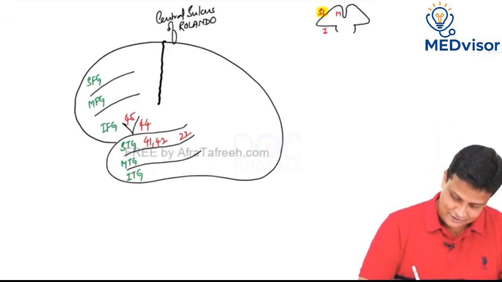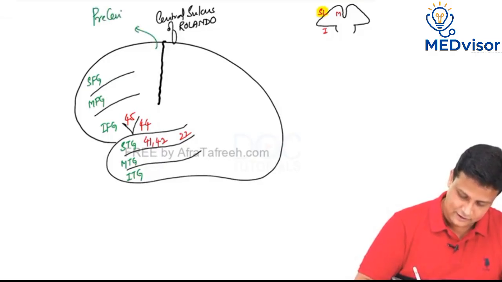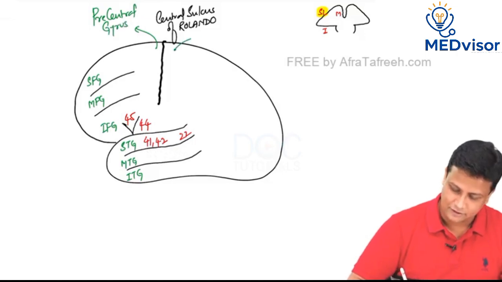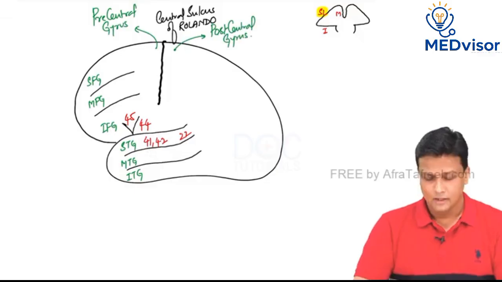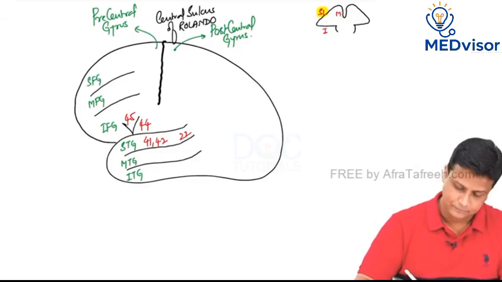In front of the central sulcus is the pre-central gyrus, and behind that there will be the post-central gyrus. Now what is the Brodmann area present in the precentral gyrus?